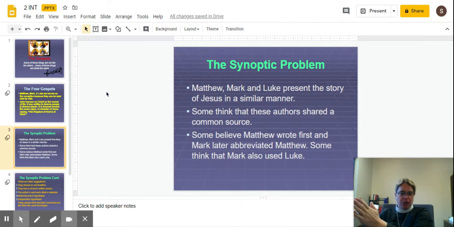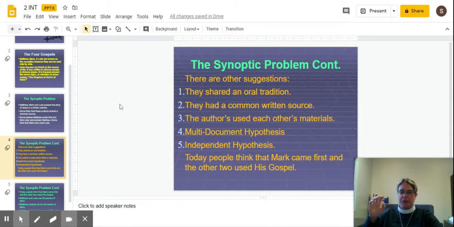So Mark sits down and uses Matthew's gospel and also uses Luke. So that's one idea. There are some other suggestions, one of which is that they simply shared an oral tradition. Everyone was kind of saying the same stories about Jesus and his life and teachings, and therefore they look similar.